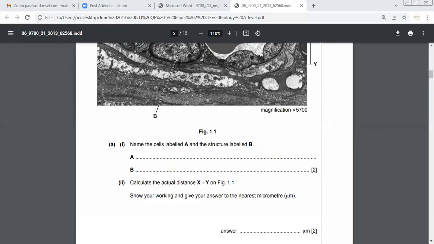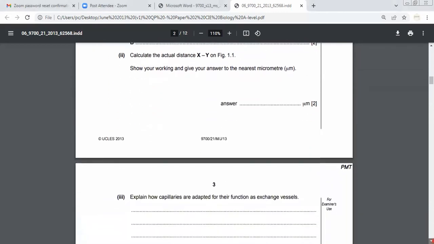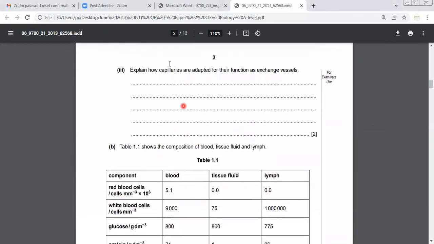Another question is, explain how capillaries are adapted to their functions as exchange vessels.